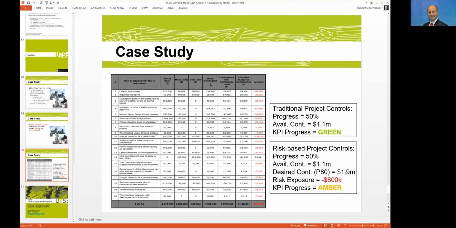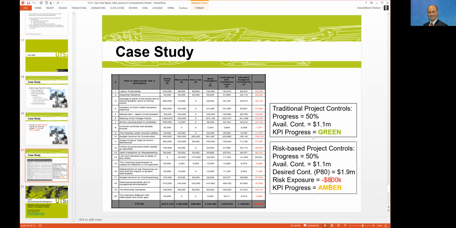Immediately you realize there is a gap of 800K, because you only have 1.1 million and you need 1.9 million. That's the 800K negative.